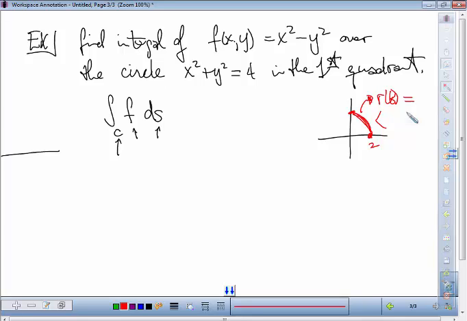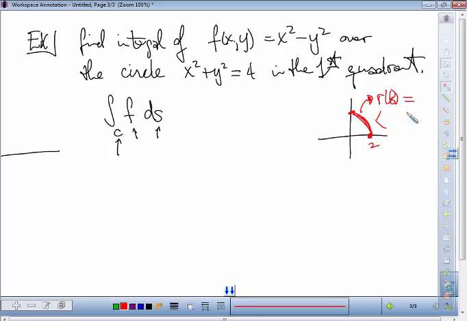So what do you think? Circle, right? Did we forget how to parameterize? Cosine t, sine t.